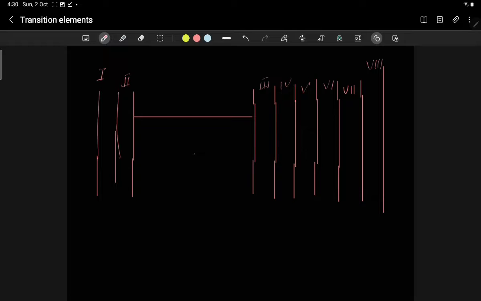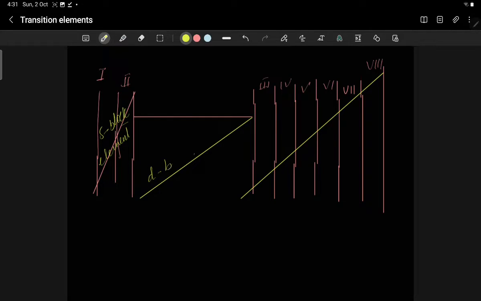So according to the orbital and sub-orbital distribution, this is the s block element, this is the d block element, and this is the p block element.